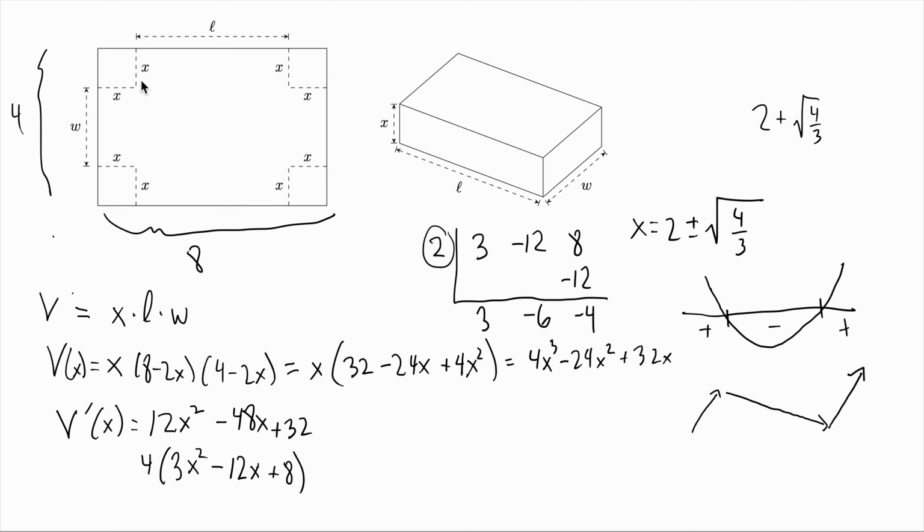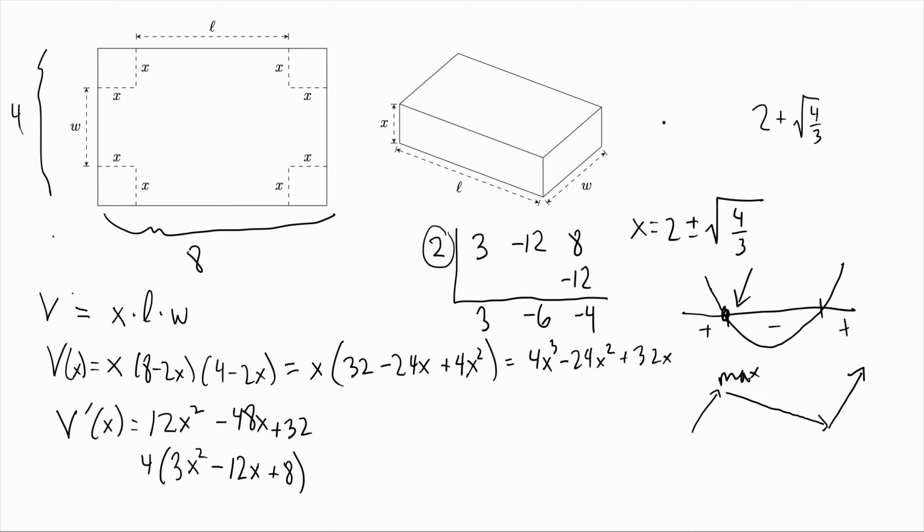If x is getting up to 3 and 3, then 2 plus the square root of 4/3 is actually not a good place to be in our situation. In fact, looking at this increase, that point is a max anyway.